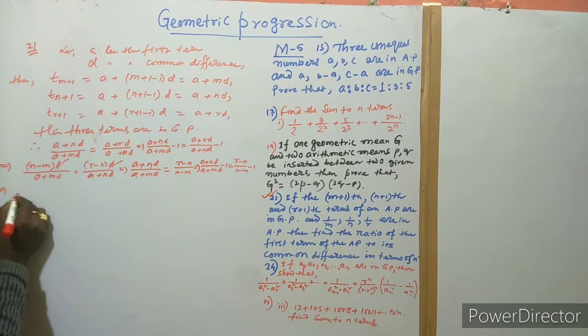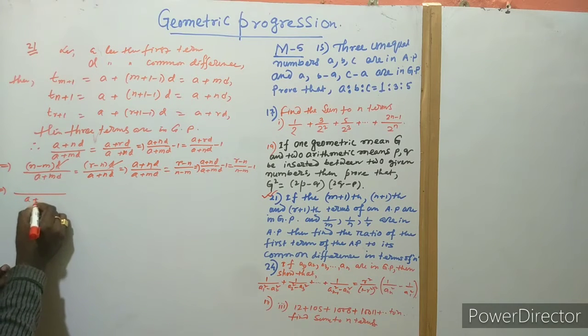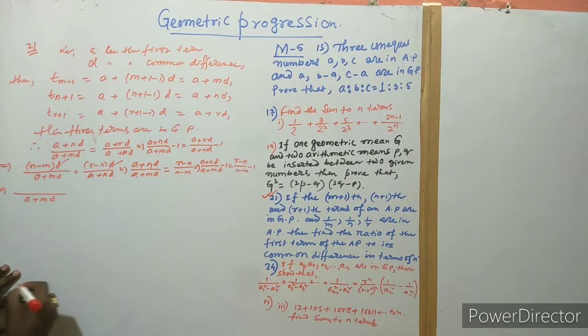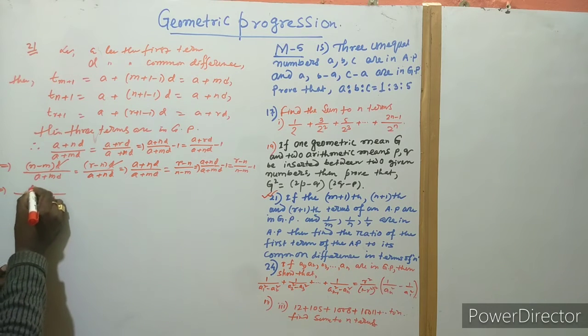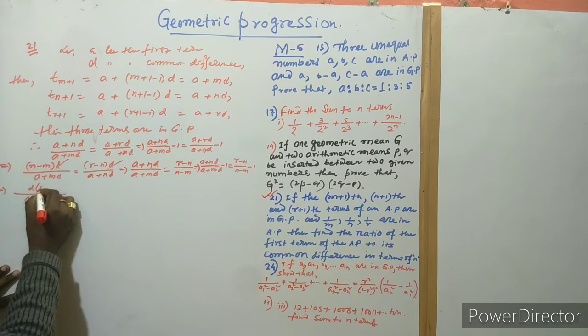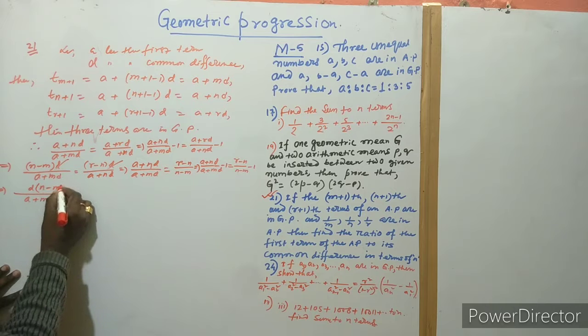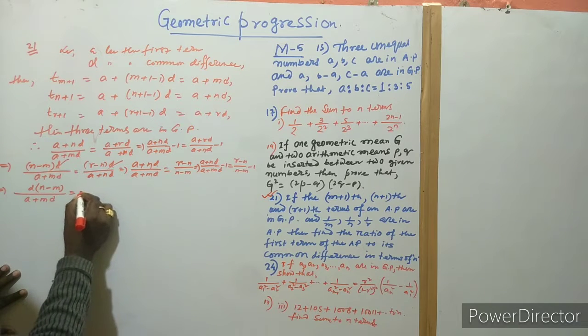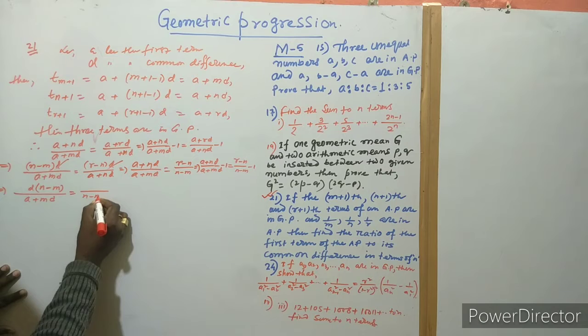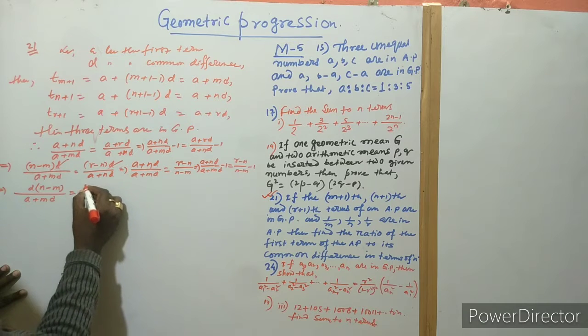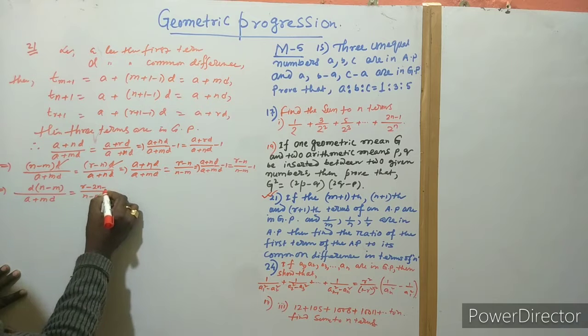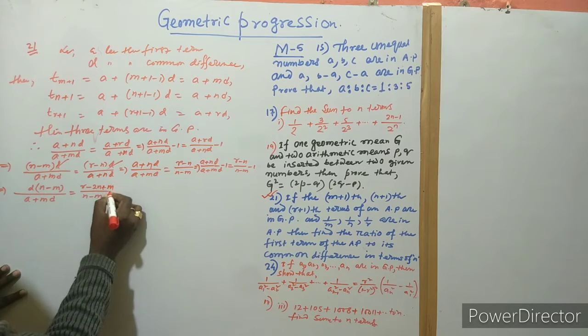So see, this is A plus mD, taking D common here. This is (n minus m) and this is (n minus m) over (r minus 2n plus m).